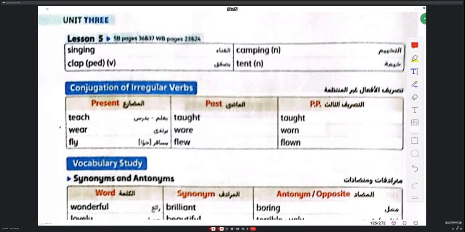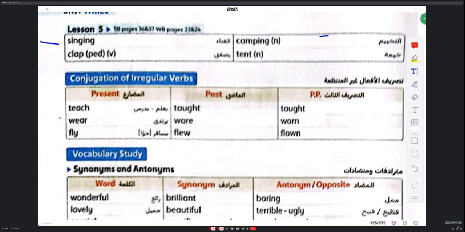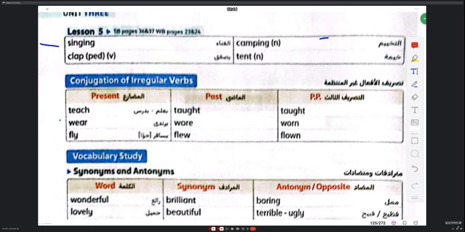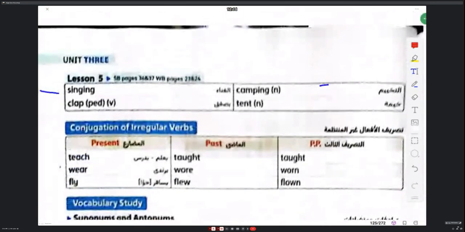Singing, camping, clap, clapped, tent. Teach, taught. Wear, worn. Fly, flown. Lamar: Singing, clap, camping, tent. We printed the poem.